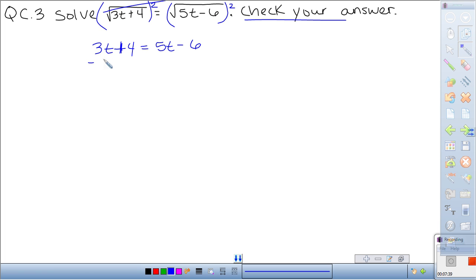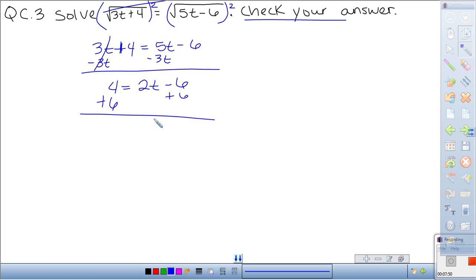I want all my t's on the same side, so subtract 3t from both sides. 4 equals 5t minus 3t is 2t minus 6. Add 6 to both sides. 10 equals 2t. Divide both sides by 2. And t equals 5.